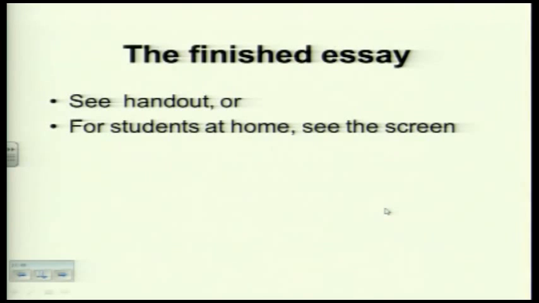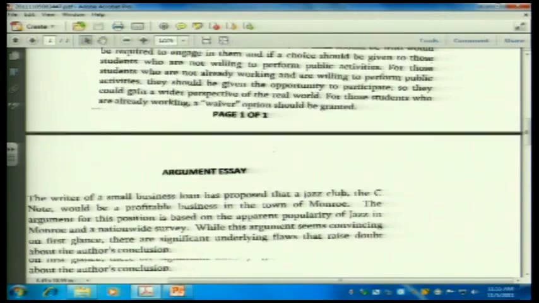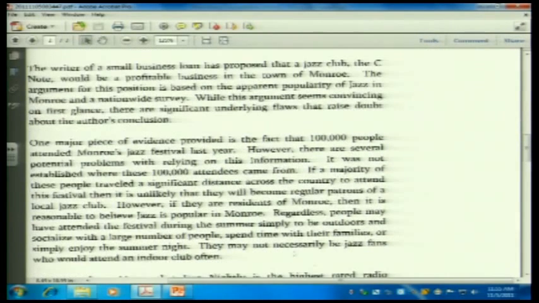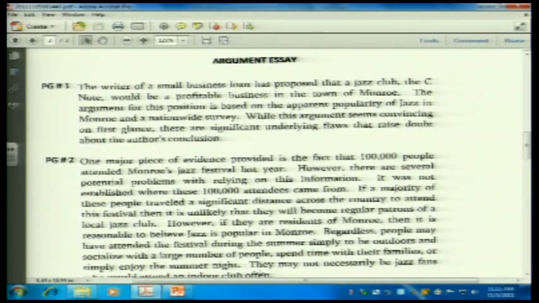So as for the finished essay, you can see that on the other side of the handout. This is a single piece handout, and I could show it on the screen as well, which is here. So there are 2 pages. Again, the structure is going to be the same as the issue essay.